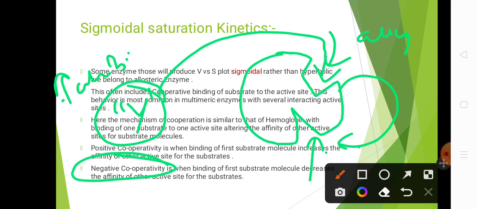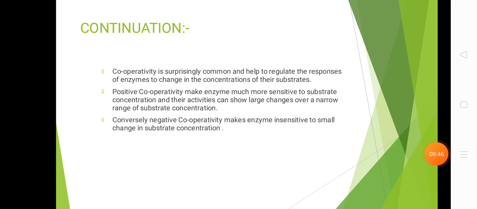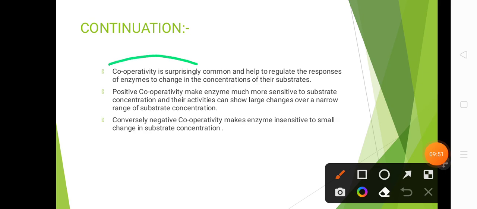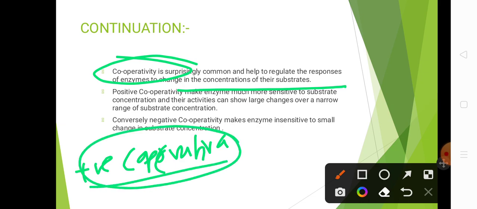Now, this type of sigmoidal saturation kinetics follows the Hill equation. But before that, I want to tell you that this cooperativity is very common and it helps us regulate the response of the enzyme to changes in the concentration of the substrate. For example, when positive cooperativity inducing modulators are present, the enzyme will be highly sensitive to narrow changes in the concentration of the substrate.